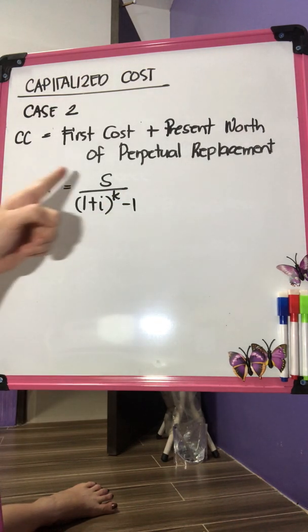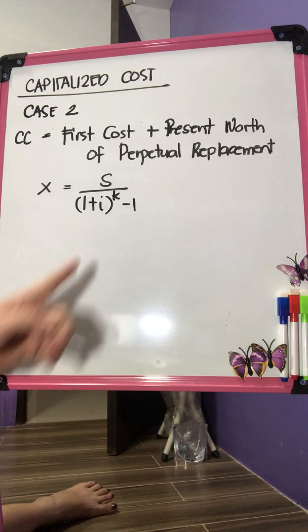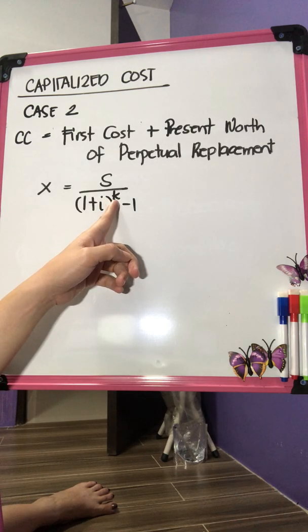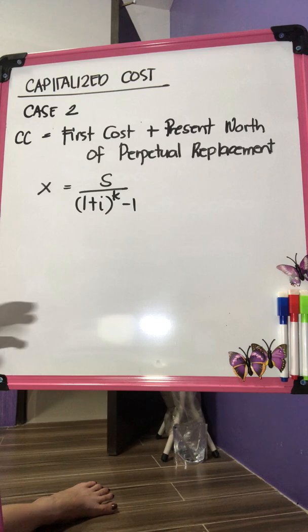Now, ano yung S? Yung S, yan yung amount needed to replace a property every k periods. Yung k natin dito, ito yung ating useful life. Yung S naman, ito yung amount na kailangan mo para ma-replace mo yung machine.